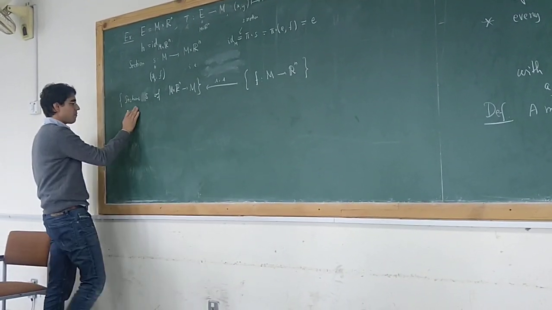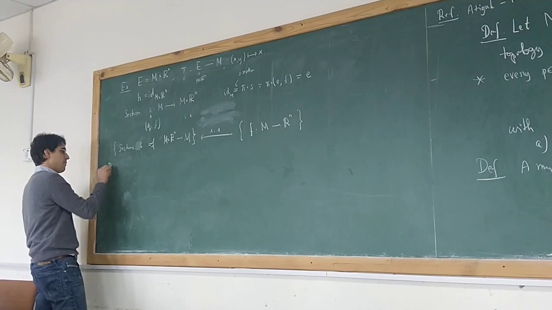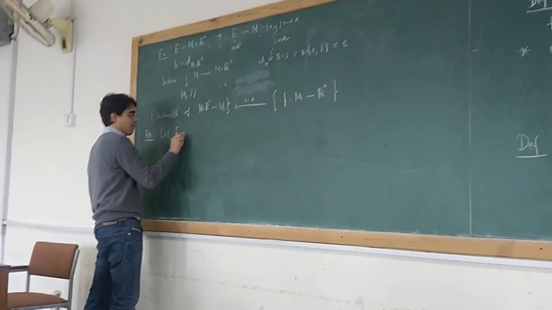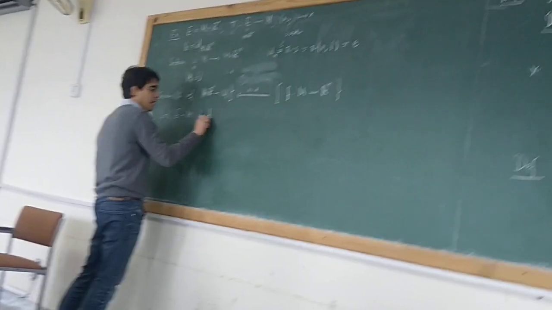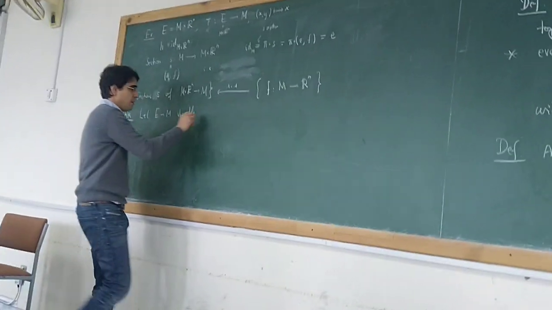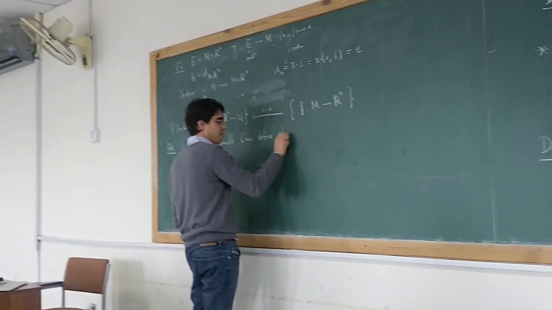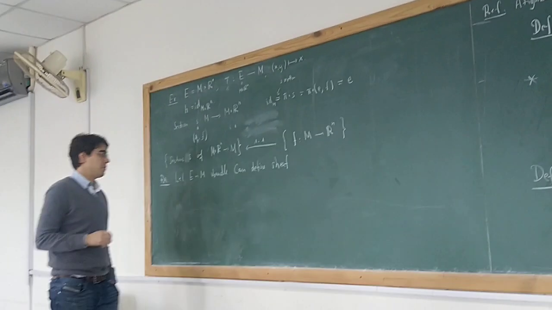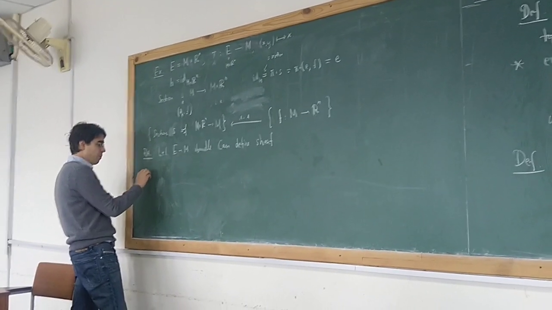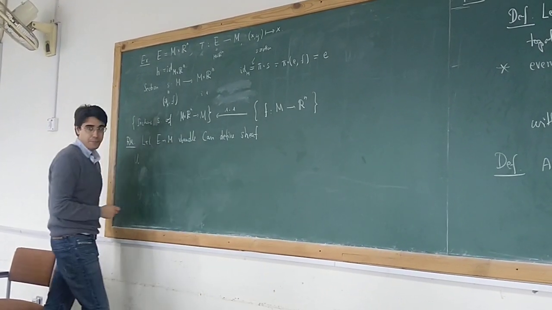And now let's have this maybe as a remark. Let E over M be a vector bundle. Then you can define a sheaf of sections. Recall that a sheaf associates to every open set U an abelian group.